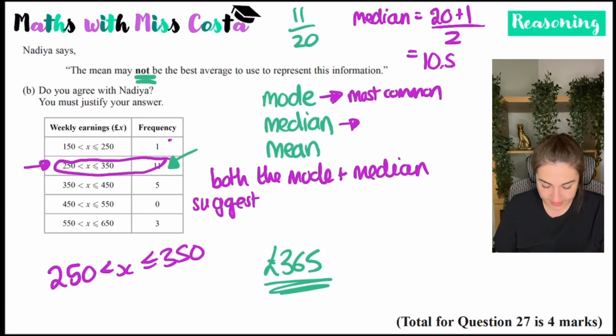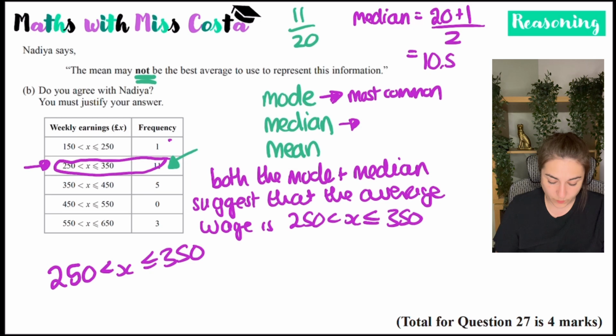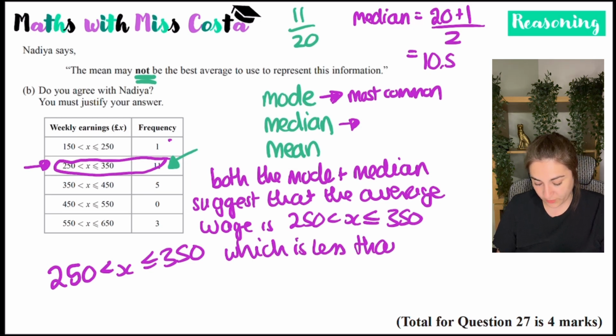suggest that the average wage is between 250 and 350 pounds, which is less than what the mean suggests.